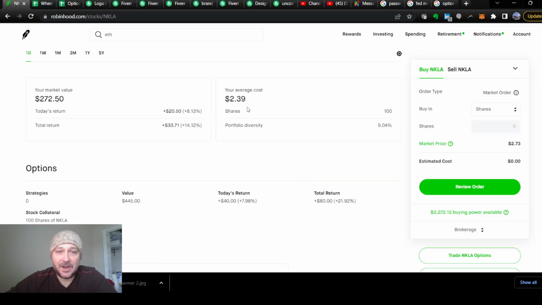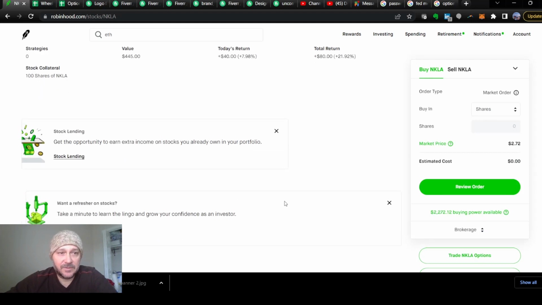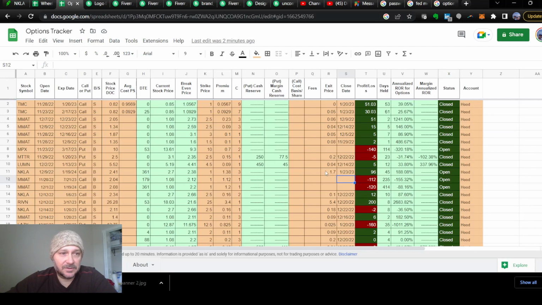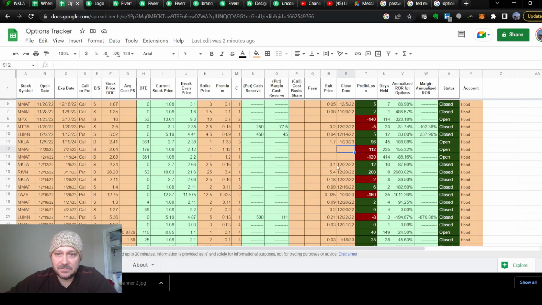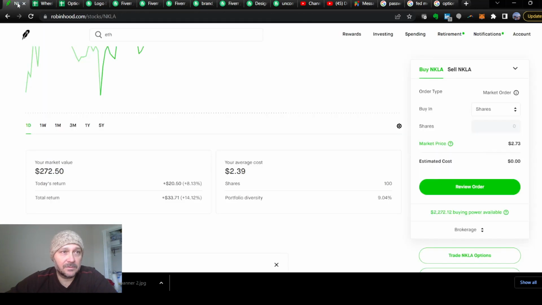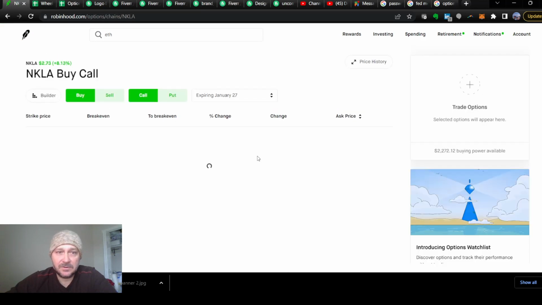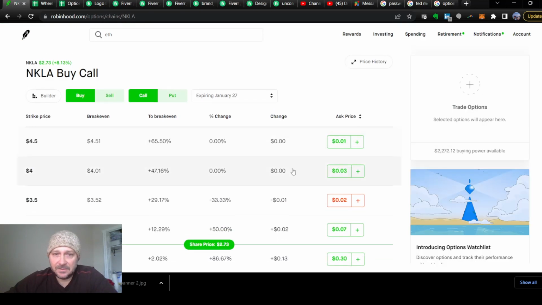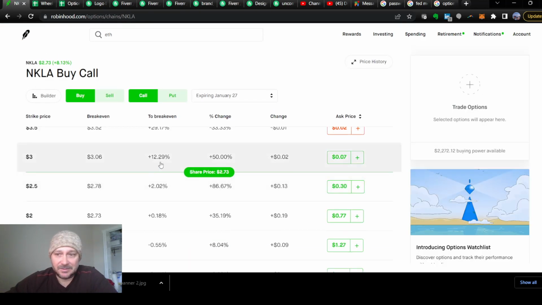I mean, our average cost is $2.39 for the 100 shares. However, we have made decent little profit on trading these a couple different times. So our cost basis is quite a bit lower. It's probably closer to $2. Man, this one expires in 4 days for 7 cents. Do I take that $7? That is tempting.